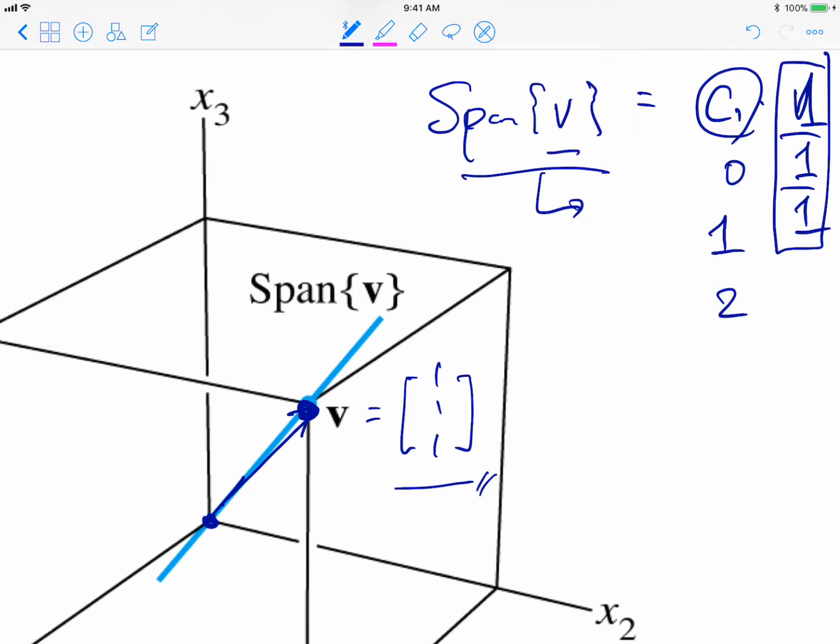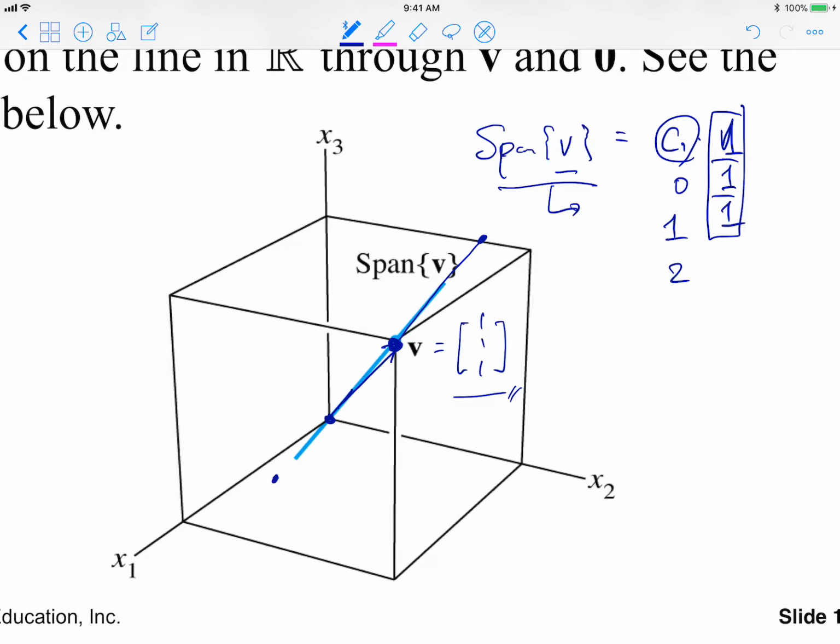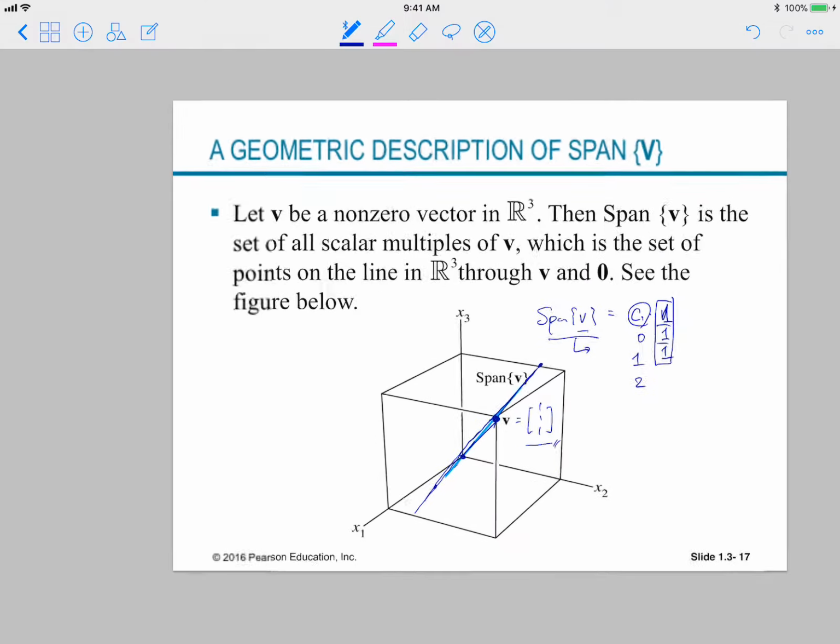If it is 2, it will be the vector that has twice the original length. And -1 will correspond to here. And so in this case, the span of this single vector forms a straight line, right? So that is the notion of the span.